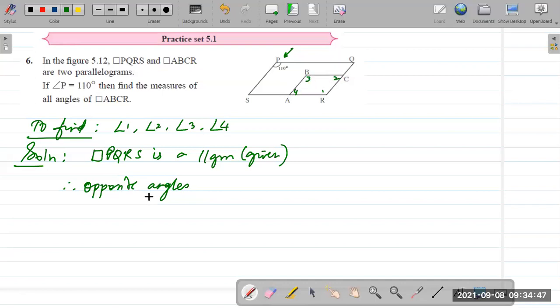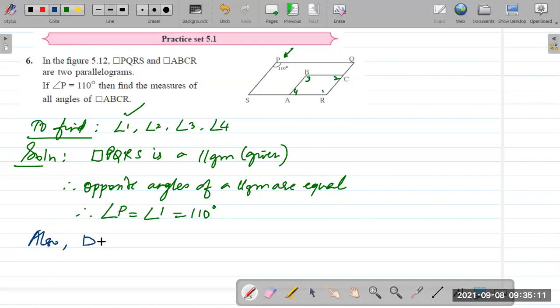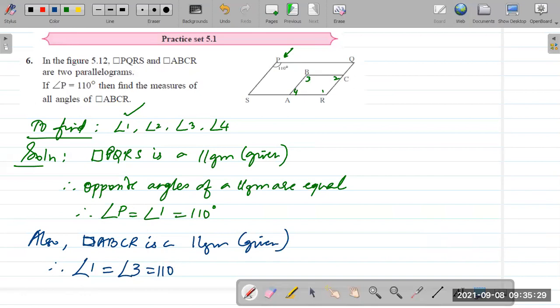So let's use the first property, that is opposite angles of a parallelogram are equal. Therefore, what can we say? Angle P is equal to angle 1, which is equal to 110 degrees. So we have got angle 1, which is 110 degrees. Further, we can state also quadrilateral ABCR is a parallelogram. Again, this is given. Therefore, by opposite angle property, angle 1 is equal to angle 3 and it will be again 110 degrees.